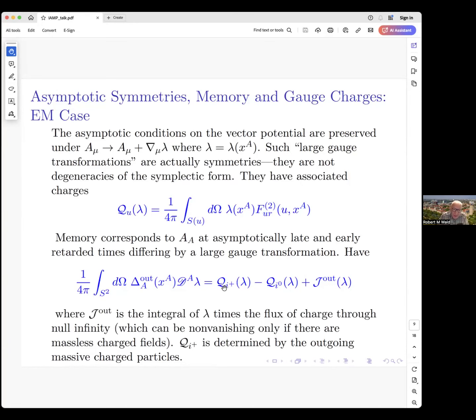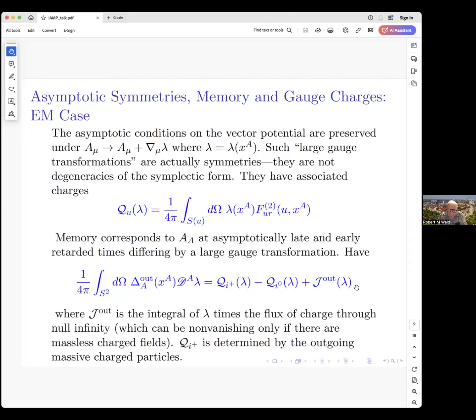And the difference between the asymptotic large gauge charge at late times at future null infinity, so at timelike infinity, minus at early retarded times, that is as you approach spacelike infinity along future null infinity, is given by a formula that involves the memory and involves an integral of the flux of charge current through null infinity, which will be zero if you have massive charged particles.